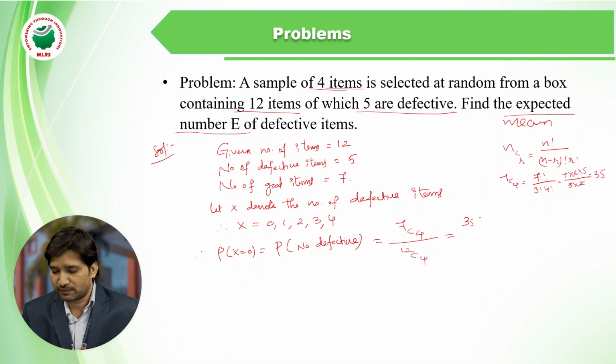This is 35 divided by 12C4. 12C4 is 12 factorial by 8 factorial into 4 factorial.